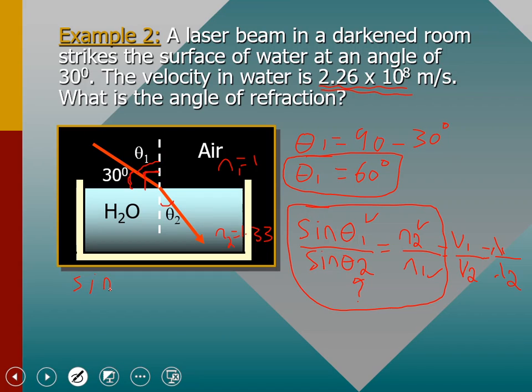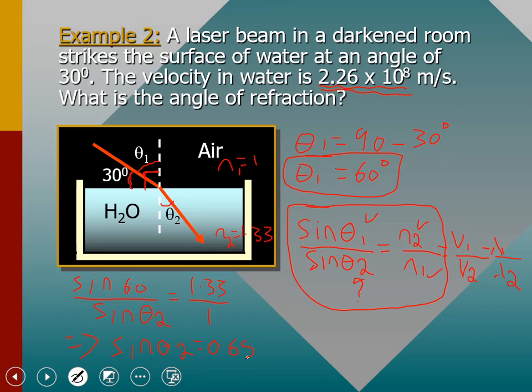So sine theta 1, which is 60 degrees, sine 60, divided by sine theta 2 equals N2 over N1. N2, which is 1.33, divided by 1, which is the index of refraction in air. This implies that sine theta 2 is equal to 0.65.